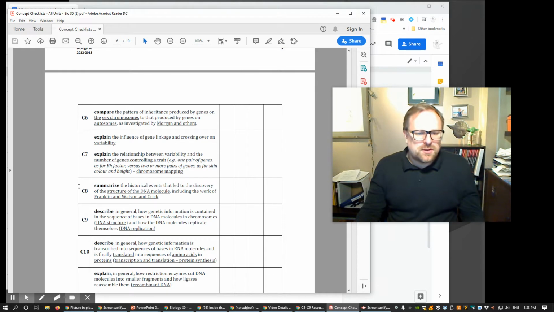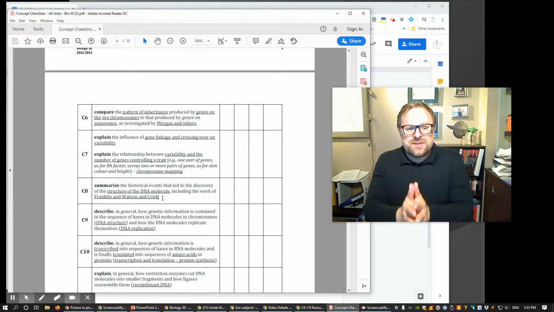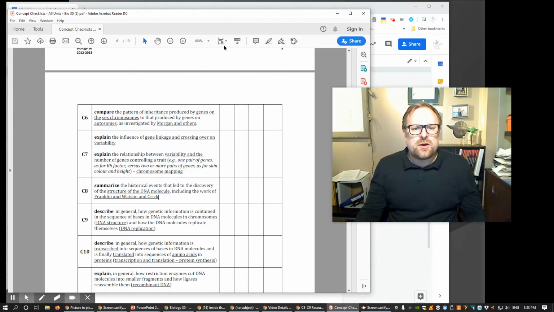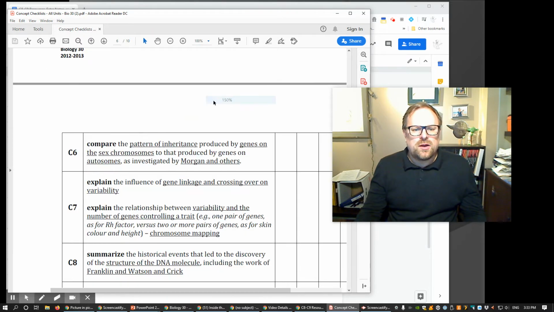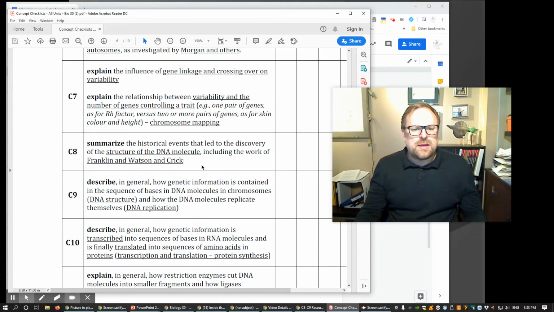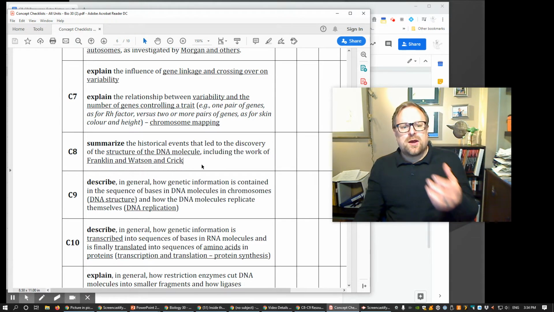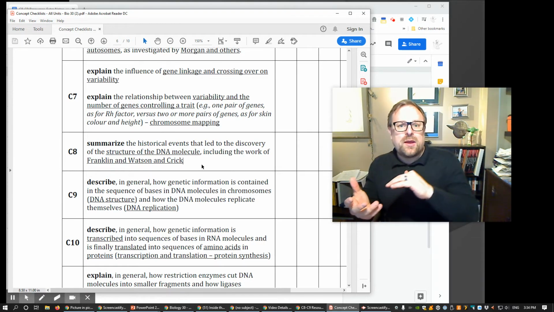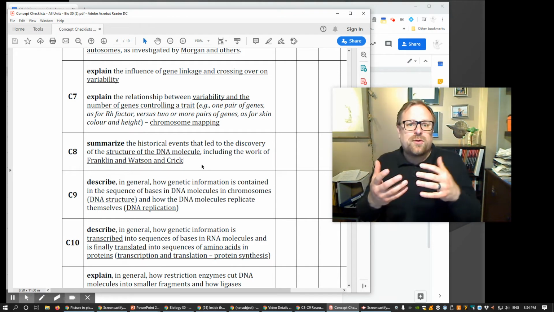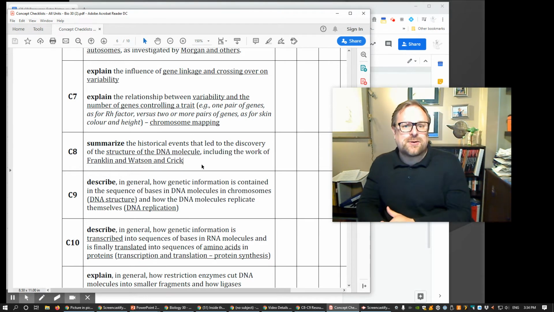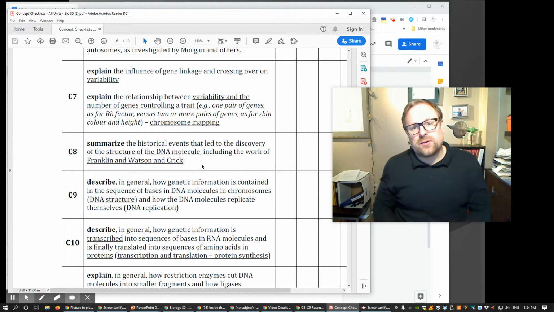Now we're moving on to concept C8, and that's what we're covering right now. Basically, concept C8 is a history lesson. We are going to explore how people like Franklin and Watson and Crick, as well as others before them, came up with DNA as being the hereditary material and what DNA looks like.